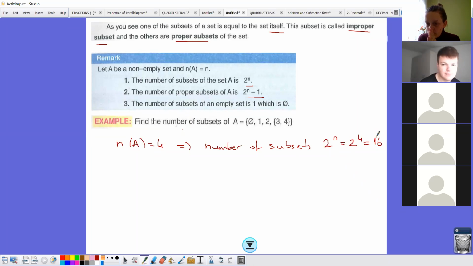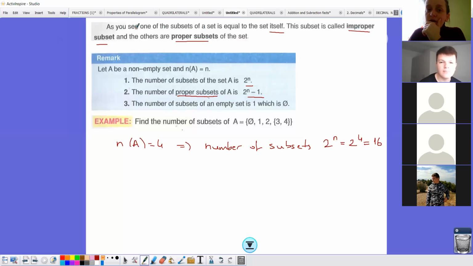Did you understand why it's 4 elements here? Yeah, but teacher, why 2 to the power of n minus 1 in the second problem? Here it says proper subsets. If you are trying to find the proper subsets, one of the subsets of a set is equal to the set itself. So this subset is called an improper subset, and the other subsets are called proper subsets.